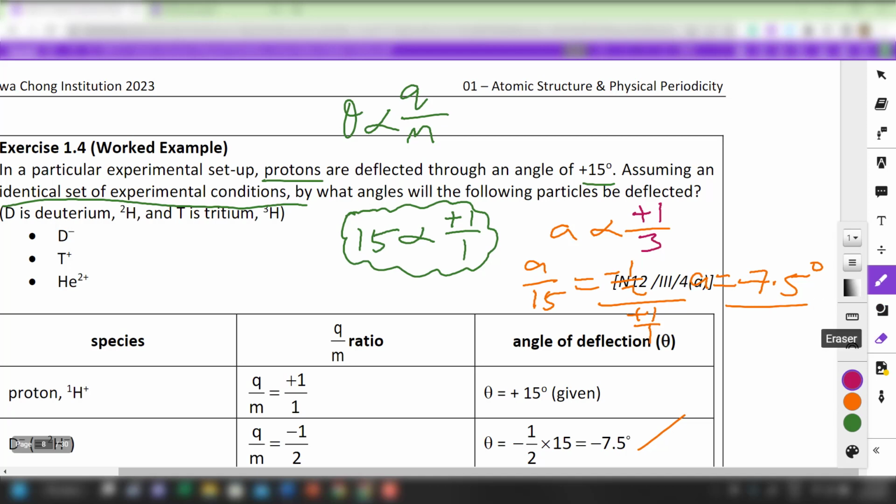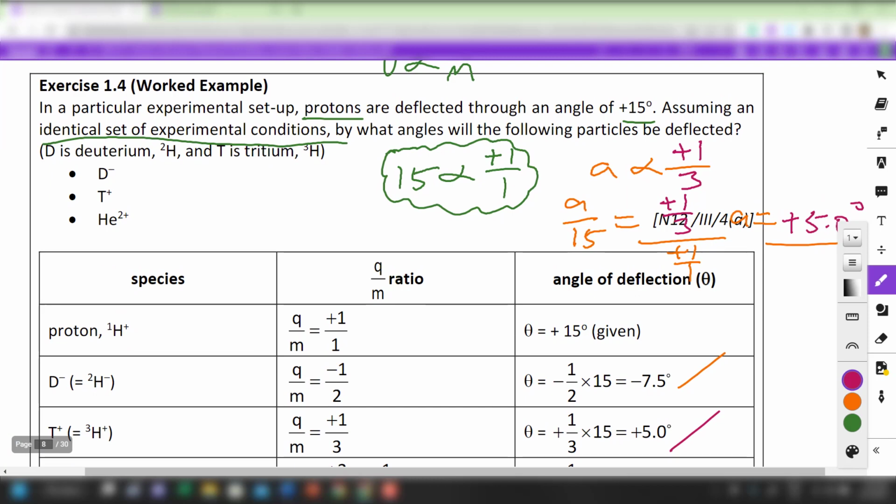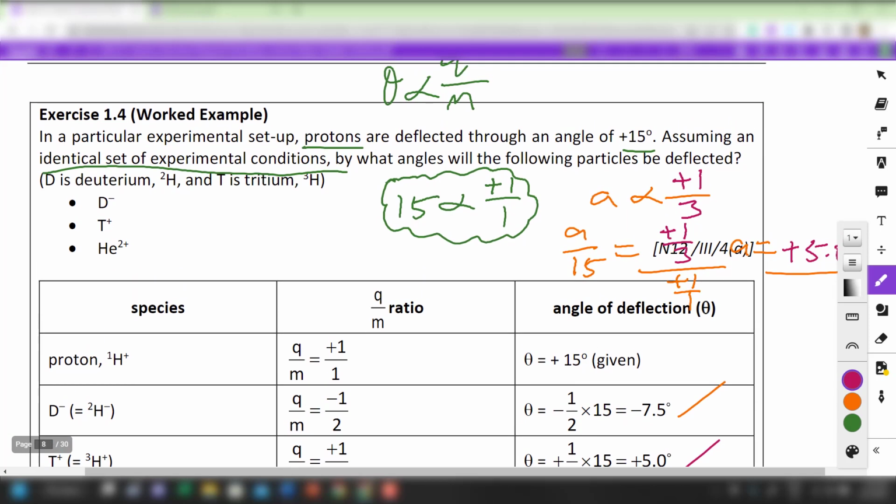This will be plus 1 over 3. Of course now the angle is not 7.5 degrees, it's actually plus 5.0 degrees. That's how we get this particular answer. What about helium-2 plus? Again, the same thought process.